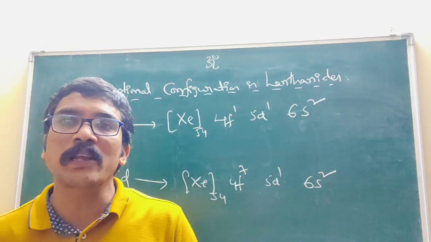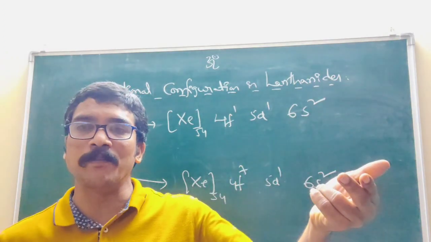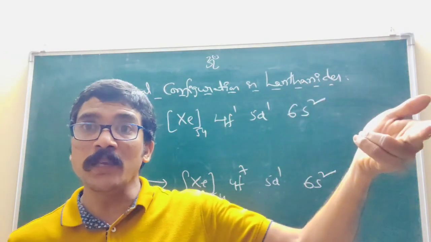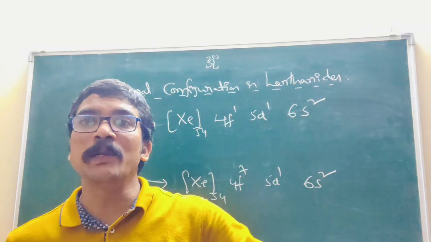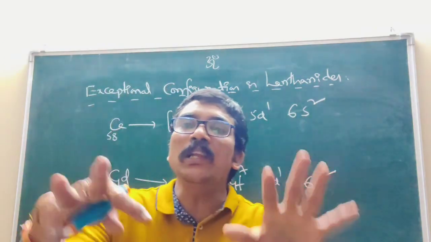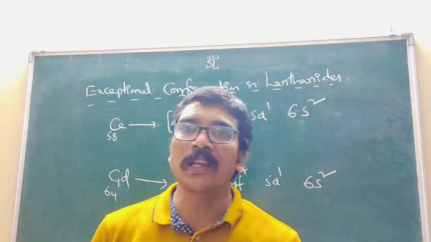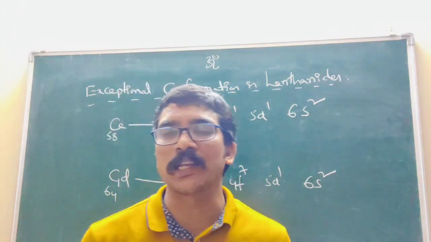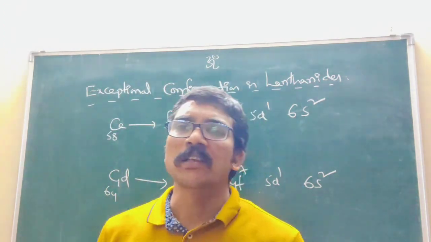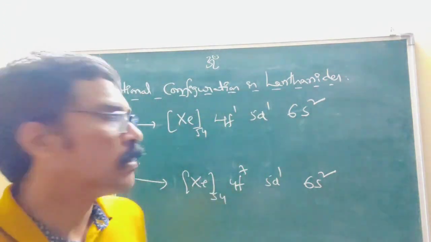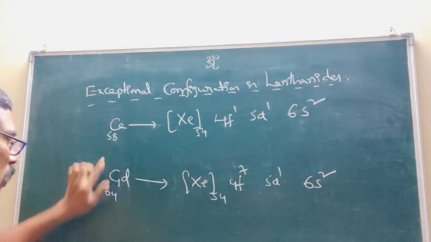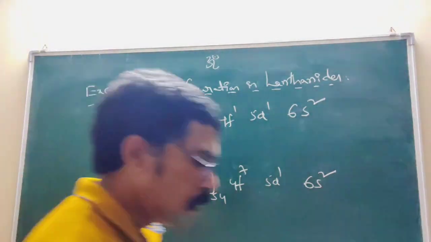The last but one is ytterbium, before that thulium, and the last element is lutetium. In these 14 elements, how many are in exceptional configurations? There are just 2 elements: one is cerium, another is gadolinium.